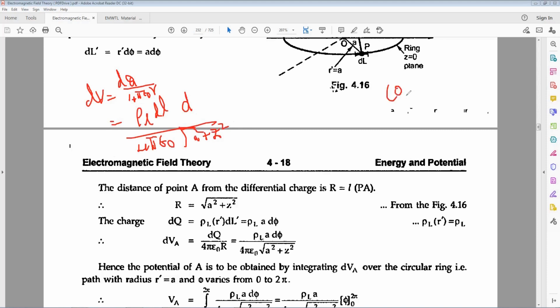Since the values are 0, a, 0 and the other one is 0, 0, z, you can take the square root of 0 minus 0 whole square, plus 0 minus a whole square, it is a square, plus z minus 0 whole square, it is z square. Okay.